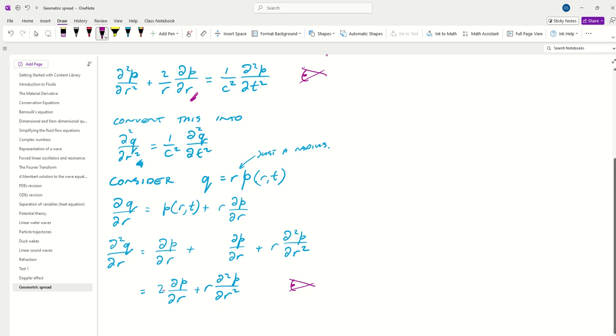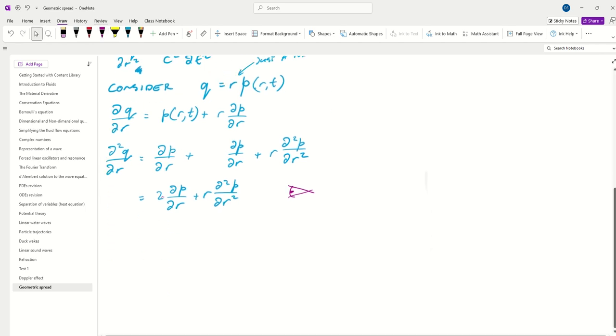I've got the 2 there, but I don't have the r. I've got an r here, but I've got the second derivative. Sweet. Looks like if I just divide this by r, I get that left-hand side. But what happens over here is a bit sus, because I've got to divide both sides of my equation.